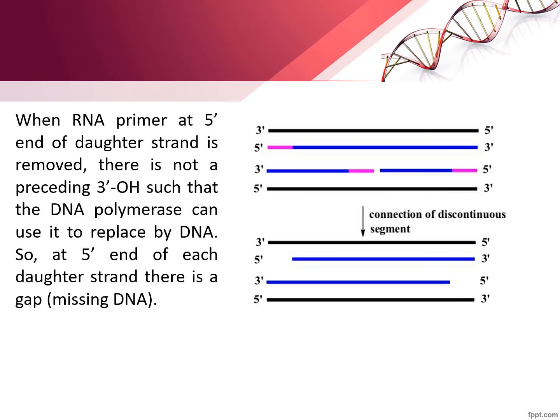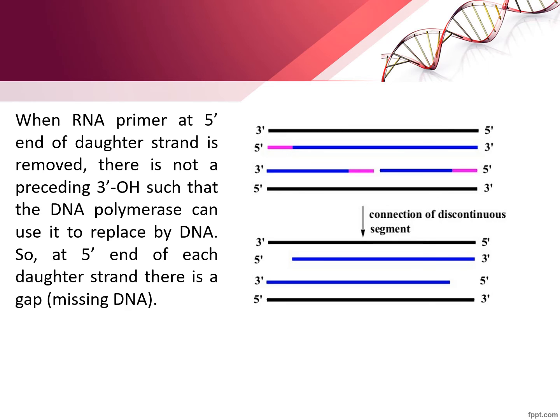When the RNA primer at the 5' end of the daughter strand is removed, there is no preceding 3' OH that the DNA polymerase can use to replace it with DNA. So at the 5' end of each daughter strand, there is a gap or missing DNA. This missing DNA causes loss of information contained in that region. This gap must be filled before the next round of replication.